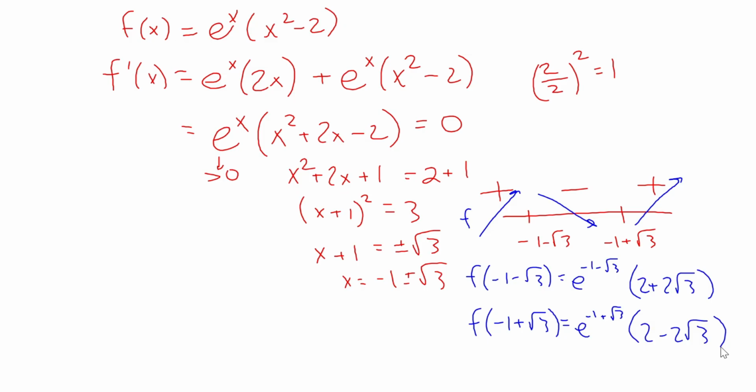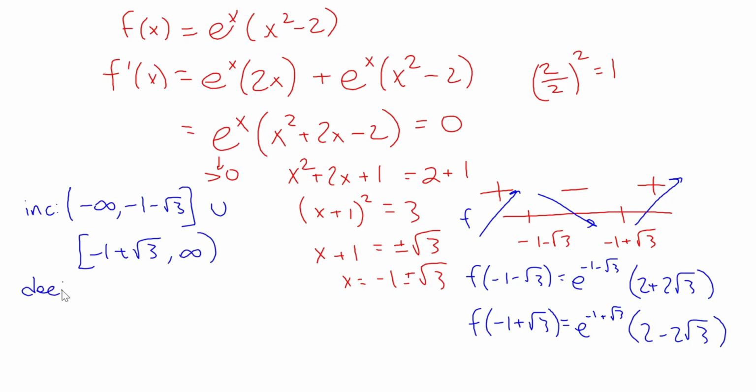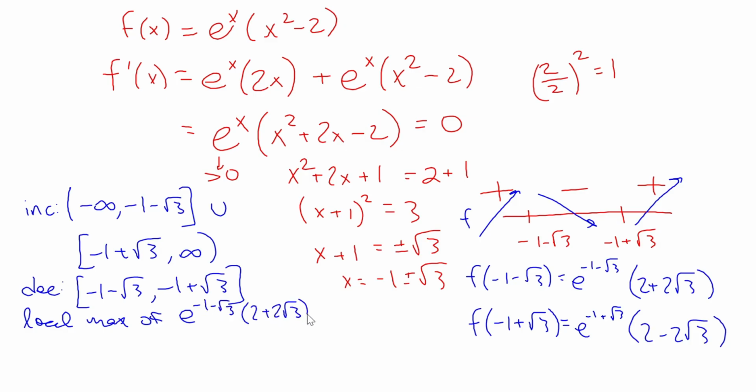So we'll note that our function is increasing on the interval from negative infinity to negative 1 minus root 3, and again from negative 1 plus root 3 to infinity. It is decreasing on the interval from negative 1 minus root 3 to negative 1 plus root 3. And we have a local max of e to the negative 1 minus root 3 times 2 plus 2 root 3 at x equals negative 1 minus root 3.